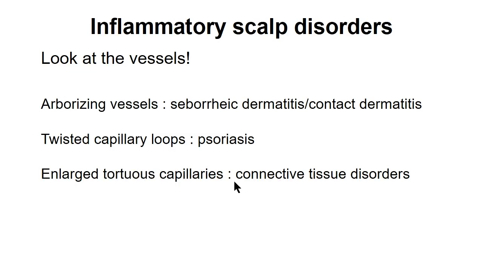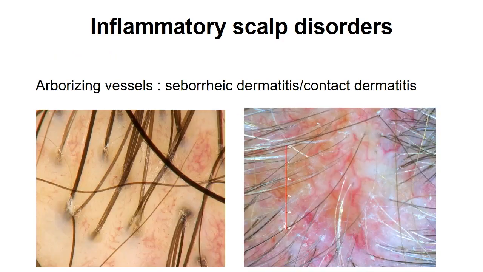And I have to say that recently I see most patients with hair loss also have inflammatory scalp disorders. I have the feeling that this is increasing, and of course it may change the results of treatments. So here you see the arborizing vessels.